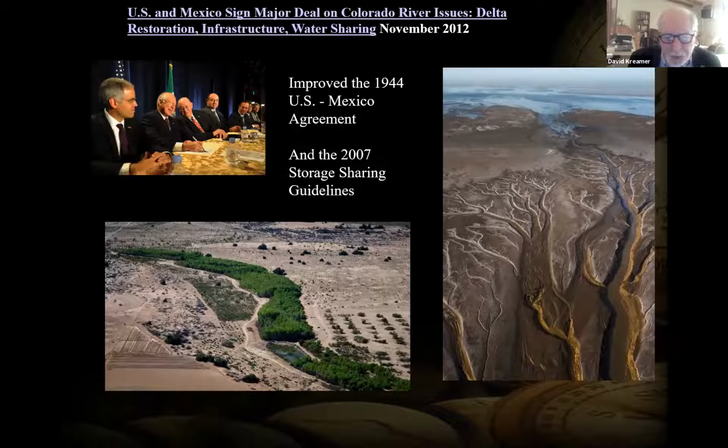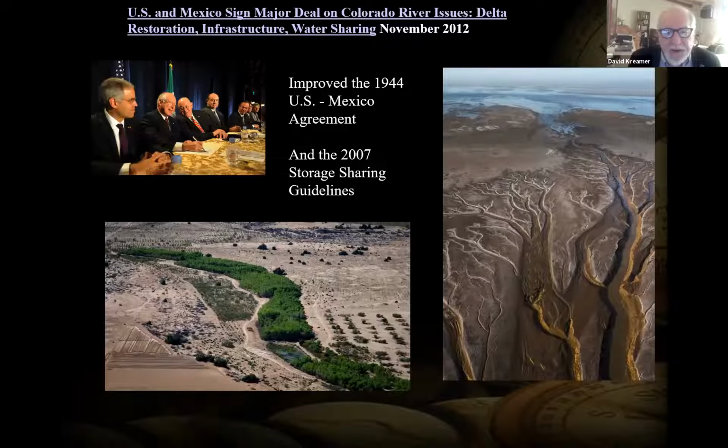Groundwater, as many of you know, is very closely linked to surface water. If you diminish one, you can diminish the other. If you pollute one, you can pollute the other. The agreement then in 2007, there were some storage sharing guidelines when people realized that they were in a drought.